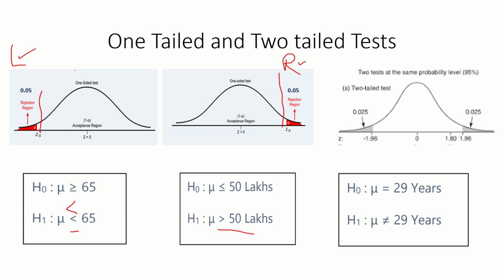So how do we identify whether it is a left tail or right tail? Simple, you can see the claim that is made. This is against the existing theory. What we talked about, like a 1 liter bottle should contain 1 liter of oil, certain kinds of liquids. If it is less than, it is a new claim.